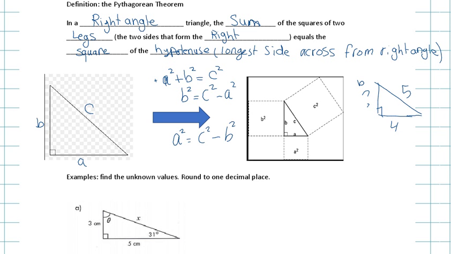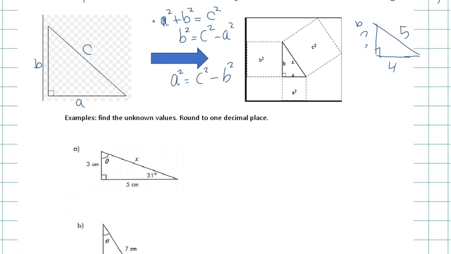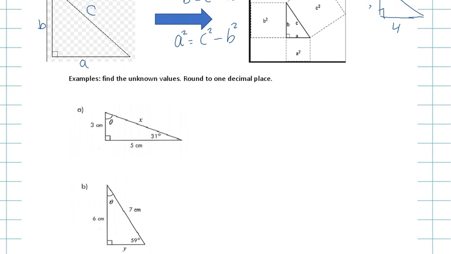Let's look at an example because it will make sense when we're looking at something. In order to use the Pythagorean theorem, you need a right angle triangle and you need 2 sides. So let's write that down.